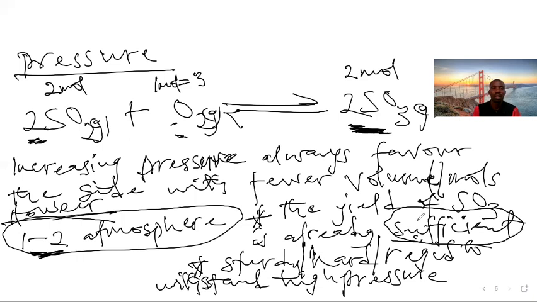Apart from this, there is something else we can do to increase the yield. What can we do to increase the yield? It is the removal of this guy. Removal of that takes us to the next stage.